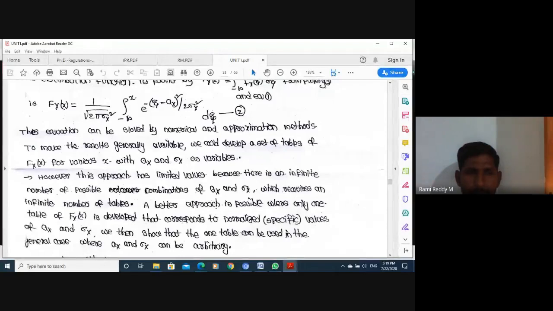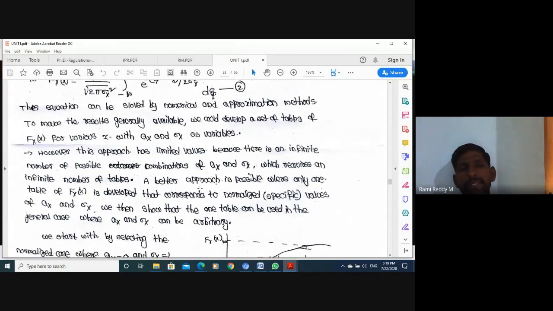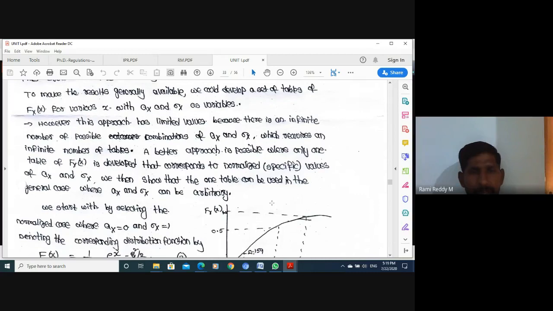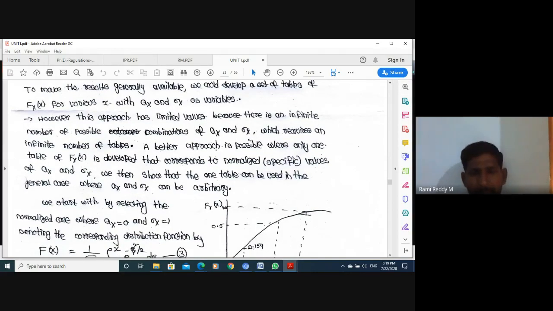A better approach is possible, where only one table of Fx(x) is developed that corresponds to normalized values of ax and σx. We can show that one table can be used in the general case where ax and σx are arbitrary.